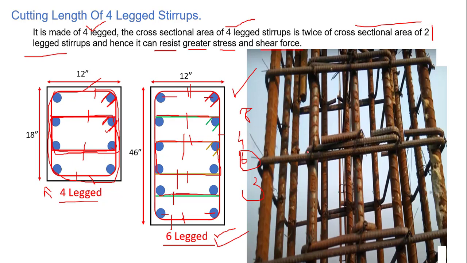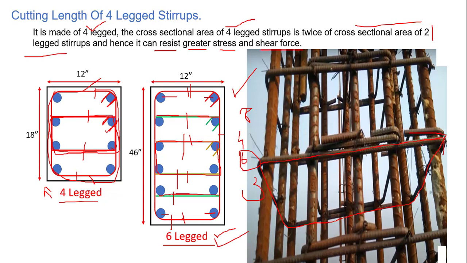For the 4-leg stirrup, here in this picture you can see a 4-leg stirrup. The first one, the master one, starts right from this position up to this position, then it goes in this direction, you can see. Then it goes in this direction, then again here. We have a bend over here in this direction and in this direction as well.